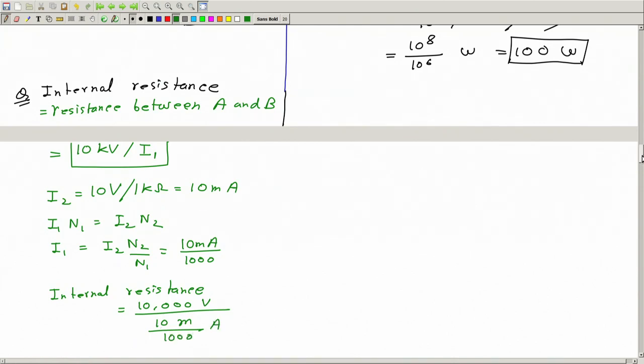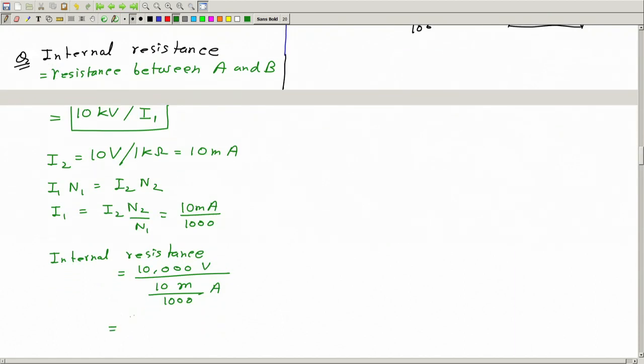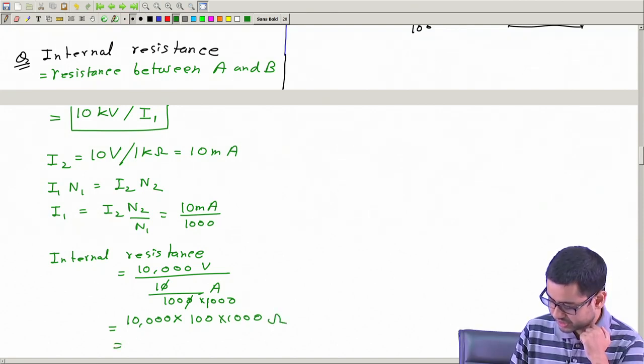This becomes equal to 10,000 multiplied by 1000, and this milli we can convert by another 1000. So we have into 100 into 1000. So this is equal to 10 to the power 9 ohm. Huge.